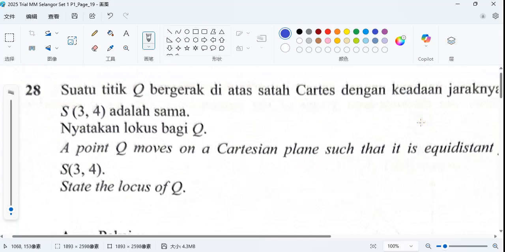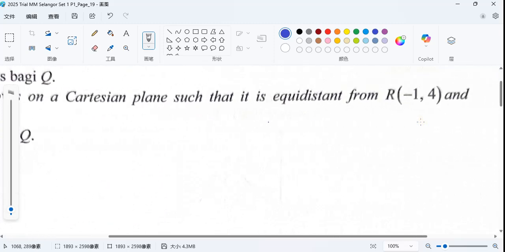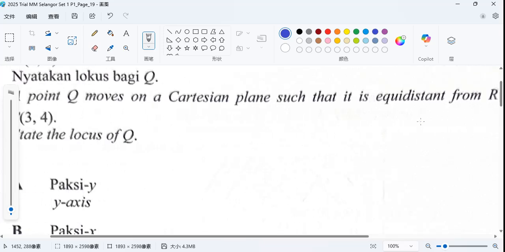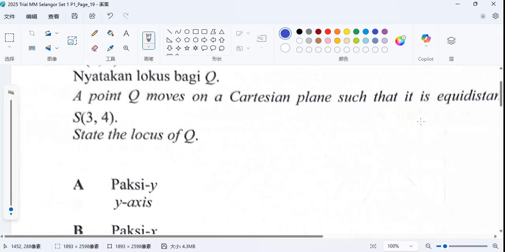Question number 28. Point Q moves on a Cartesian plane equidistant from -1, 4 and 3, 4.